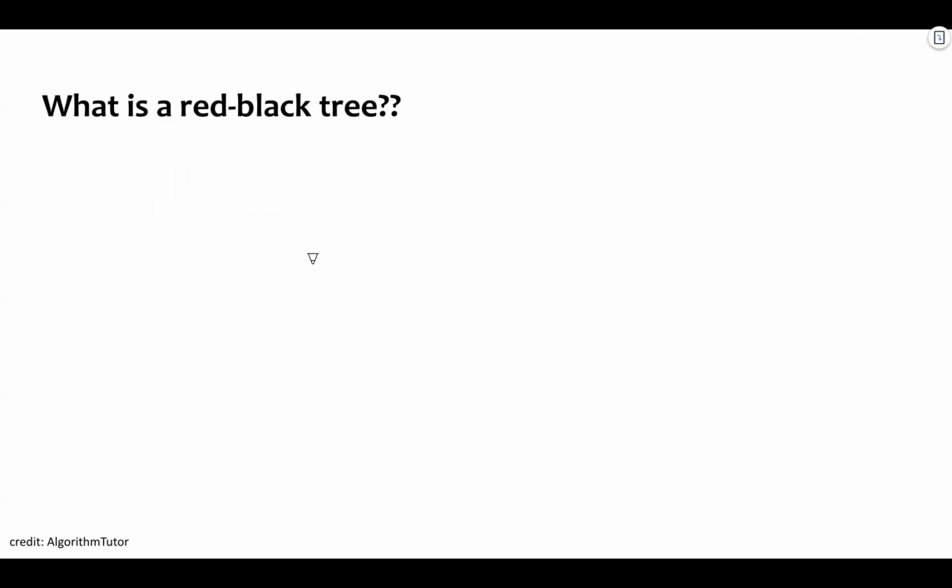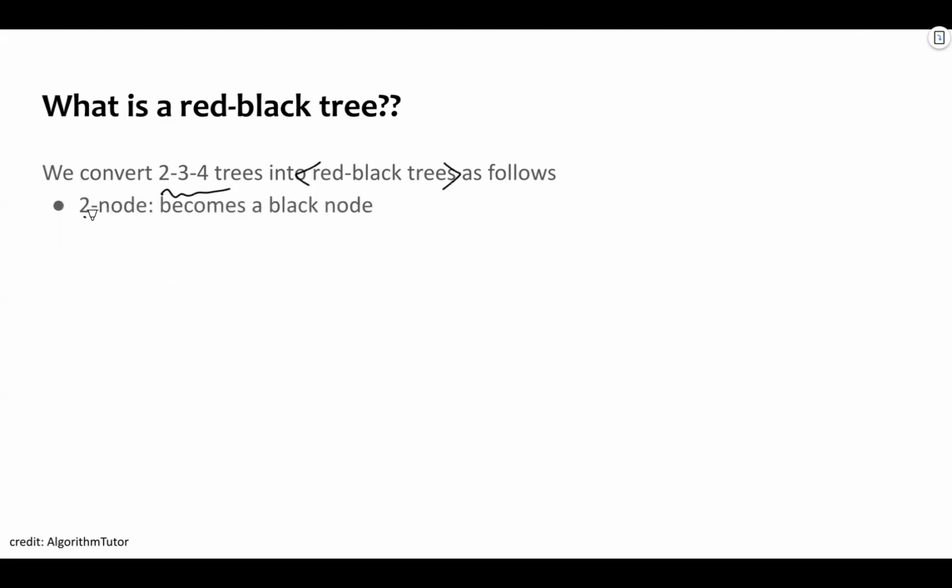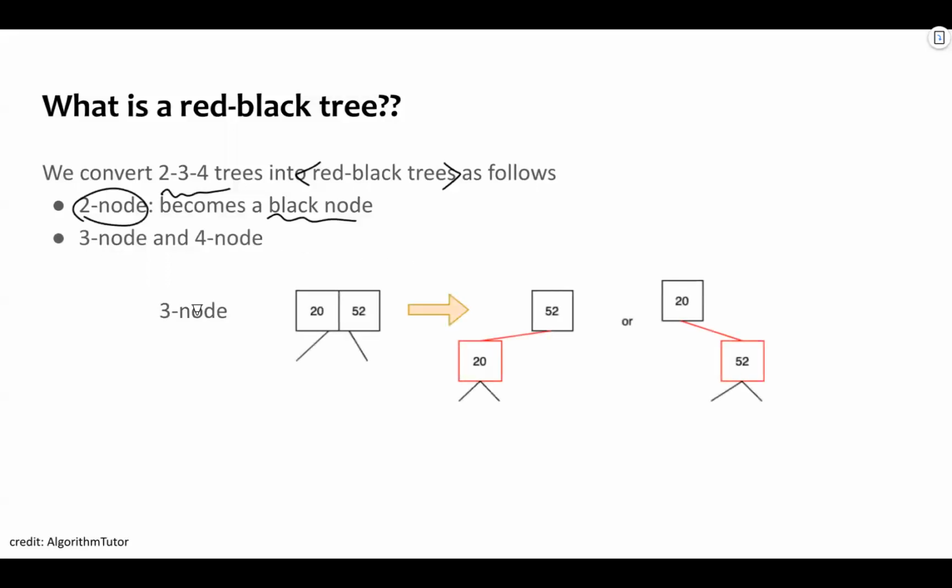What is a red-black tree? We are going to convert 2, 3, 4 trees into red-black trees as follows. We are going to make a 2 node into a black node. And for 3 node and 4 node, a 3 node becomes a pair of black and red node.